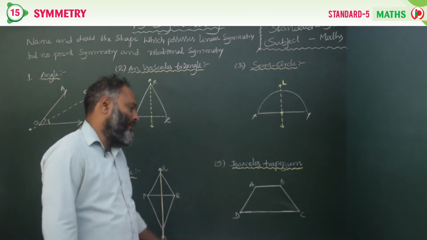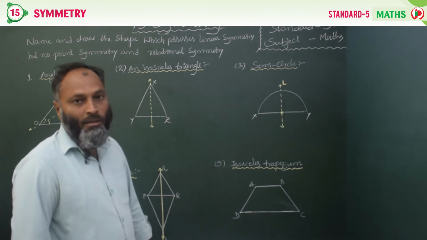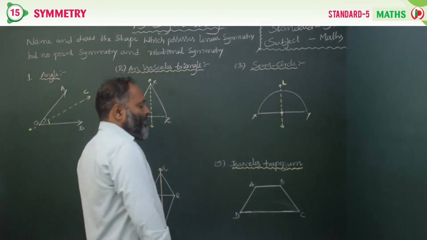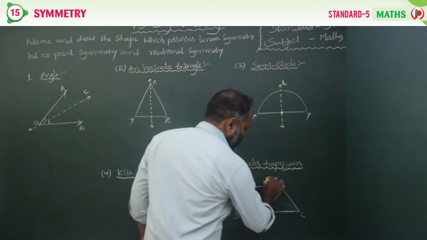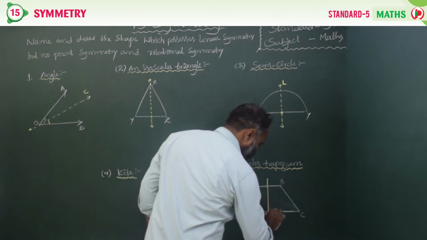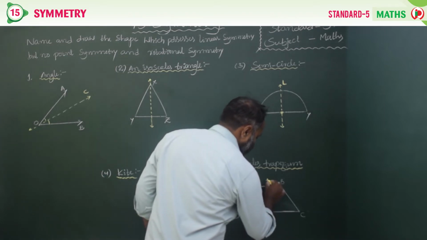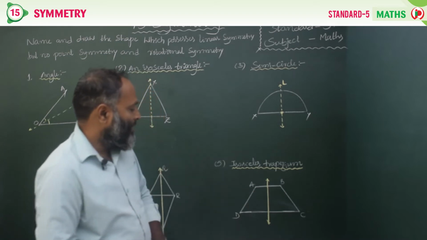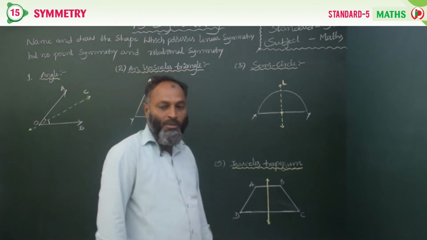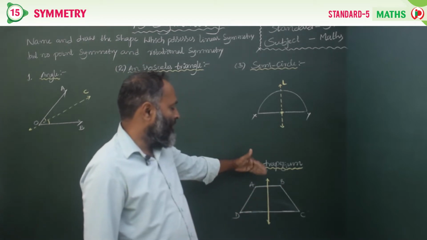In this case also. Now, the isosceles trapezium. If you take a vertical line from the midpoint of AB and CD, you will get two identical shapes, left and right. If you take a horizontal line, you won't get identical shapes up and down.